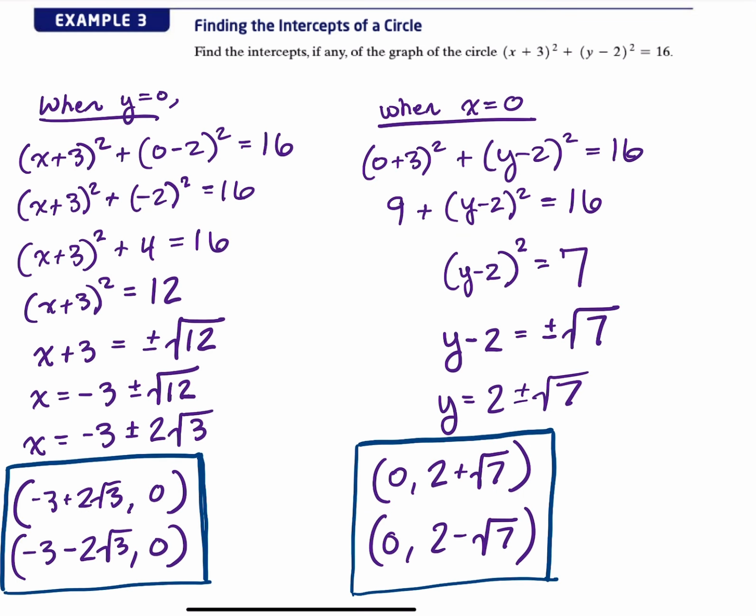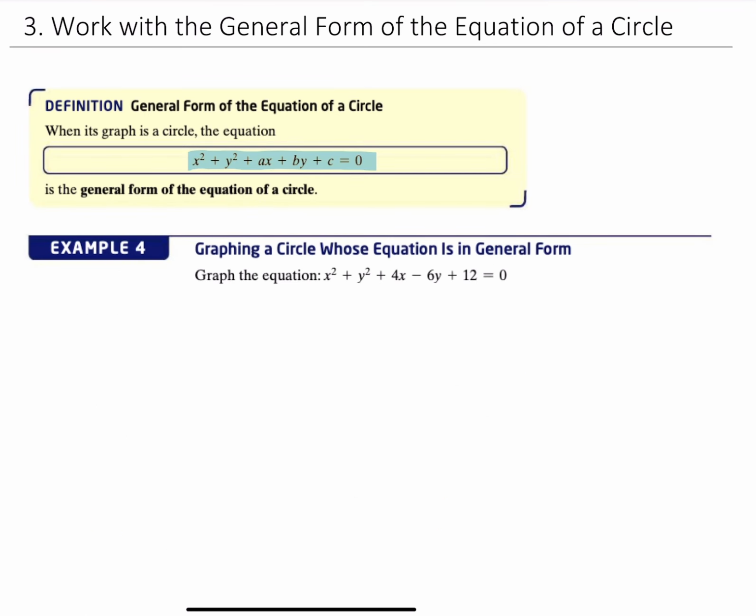In our previous versions, so say like x plus 3 squared plus y minus 2 squared, if we were to multiply this all out, if we were to FOIL out x plus 3 squared and FOIL out y minus 2 squared, and clean up anything that we can combine together, we would get this general form.